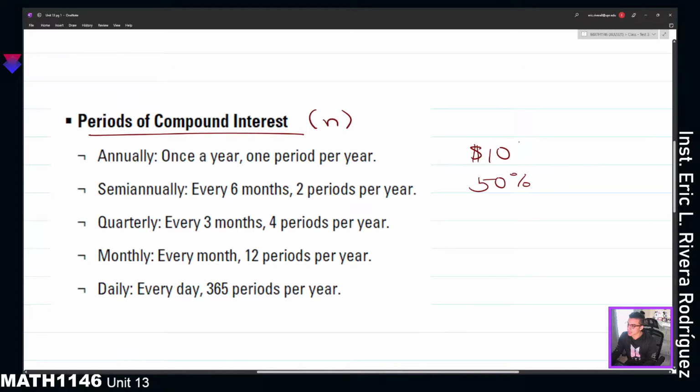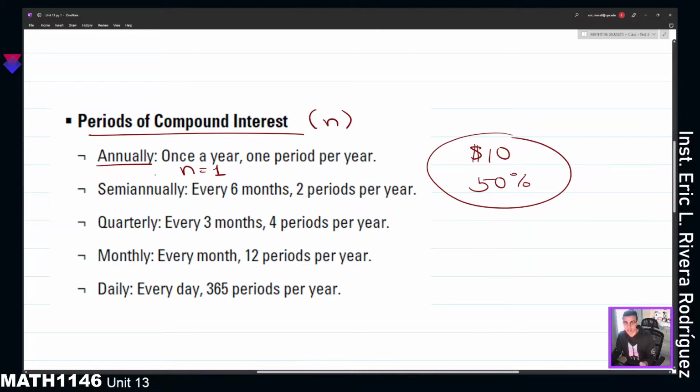So how many times is this interest going to be calculated in a year? It depends on the period of the compound interest, it depends on n. If the period of the compound interest is annually, that means n is equal to 1. This is something you want to know, because we are going to be working with word problems and n is not going to be explicitly given as n equal to 1.